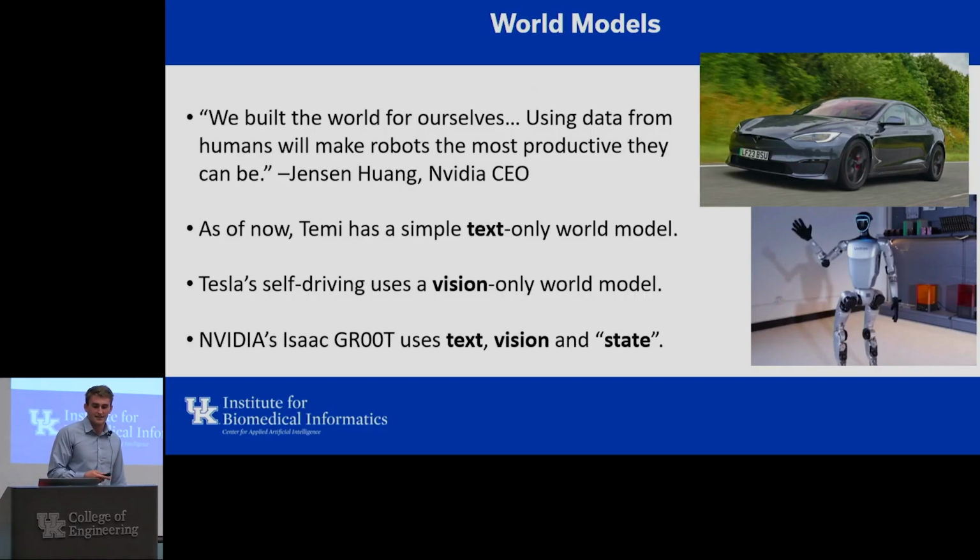And then NVIDIA is expanding that for their foundational humanoid robot project to a text, vision, and state world model. That uses natural language commands and large language models combined with vision, combined with the robot state, which is like the position of its body, the angle of its joints and how it's standing, things like that, to get an understanding of the world.